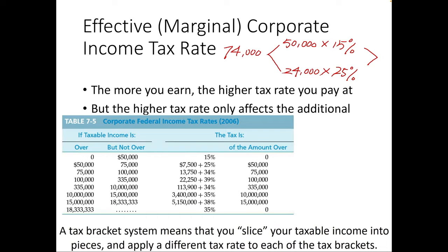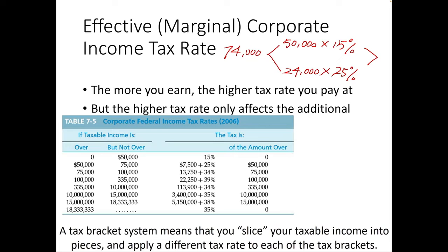And another concept is about the tax rate. There are many ways to calculate tax, different systems, and one system is called the effective or marginal corporate income tax rate. It's marginal. Why?